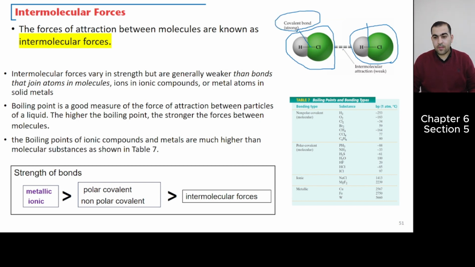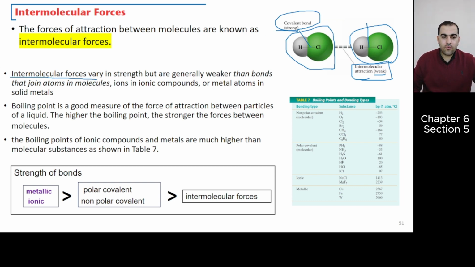But between molecules, we have intermolecular force. But intermolecular force is weaker than covalent bond. And the bond between atoms of a molecule is stronger than the bond between two molecules. Okay? That's it. You must know this.